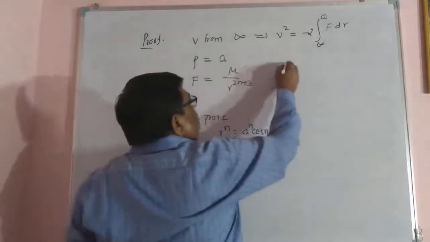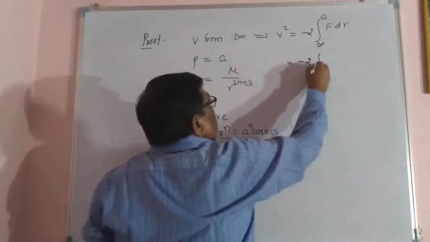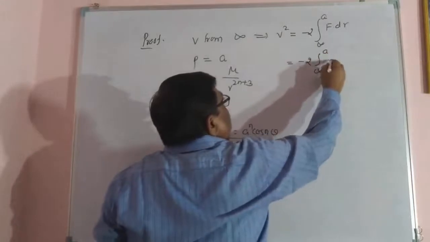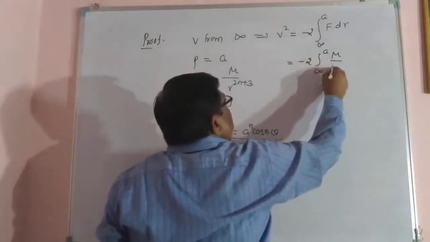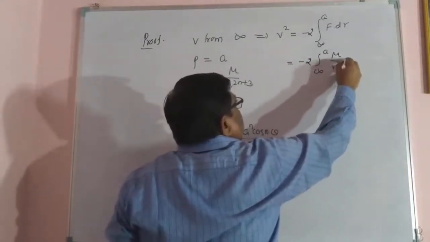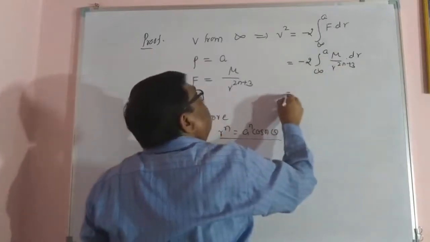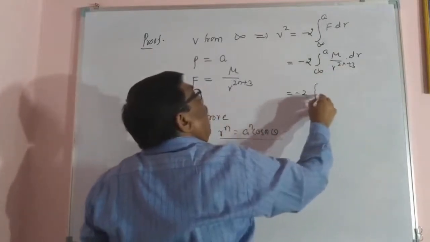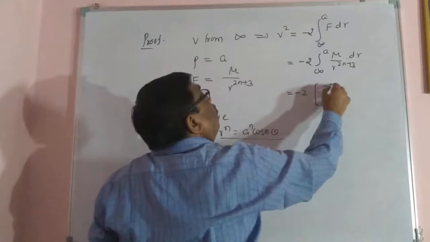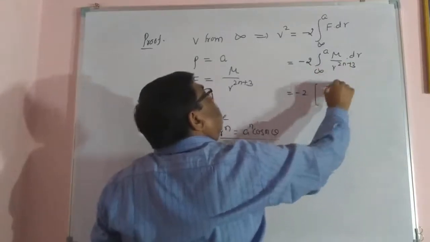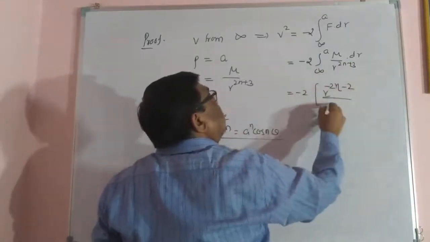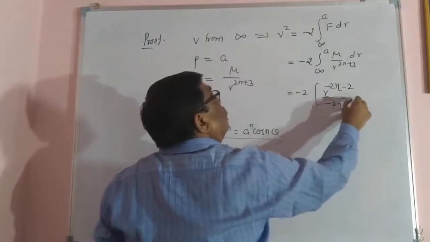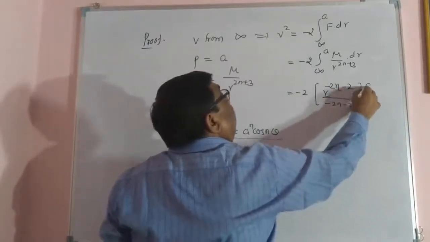It is minus 2 integral from infinity to a, f is mu divided by r raised to 2n plus 3, into dr. It is minus 2 r raised to minus 2n minus 3 plus 1 is minus 2n minus 2, divided by the same, from infinity to a.